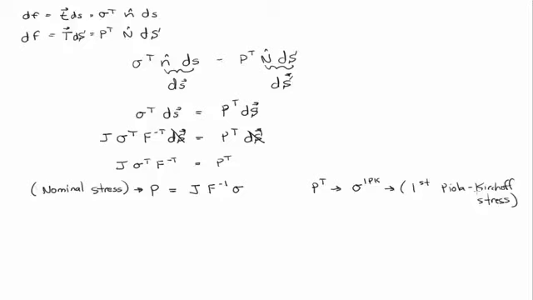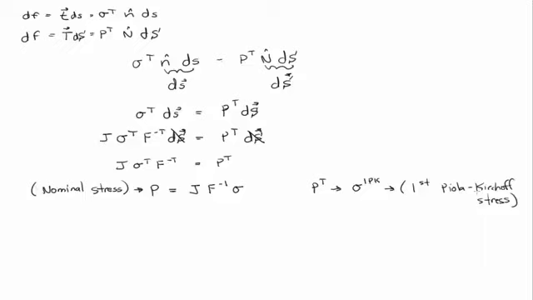So in other words, Malvern uses that what we call the nominal stress is the first Piola-Kirchhoff stress, and he doesn't even introduce something called the nominal stress. Obviously it goes back to Piola and Kirchhoff. They're the ones that showed this relationship. But older books that Malvern took from, Truesdell and others, for some reason he got somehow lazy with the notation, but what we did in class is right.